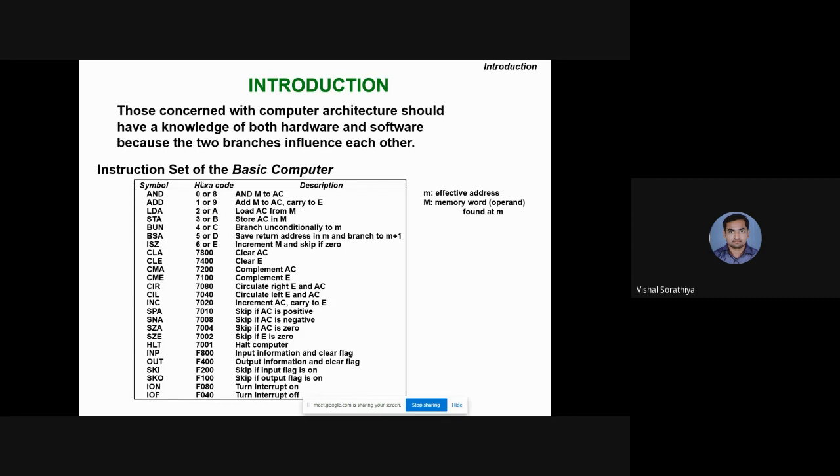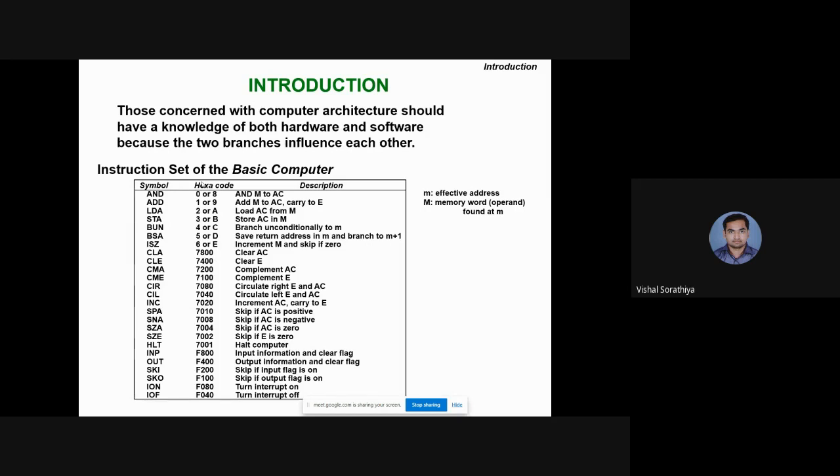There are several instructions, and according to that there are different codes associated with them. There is a different hexa code related to each particular symbol.